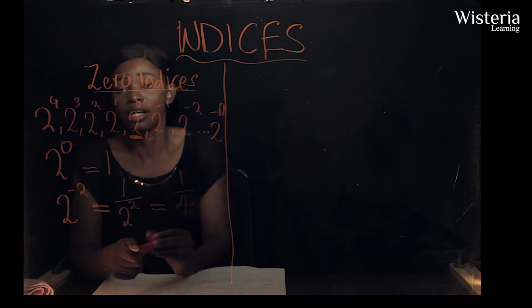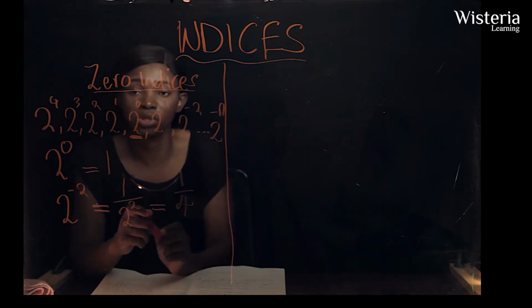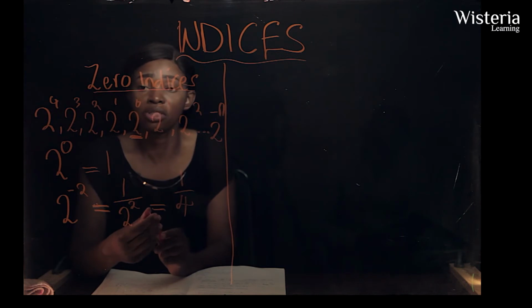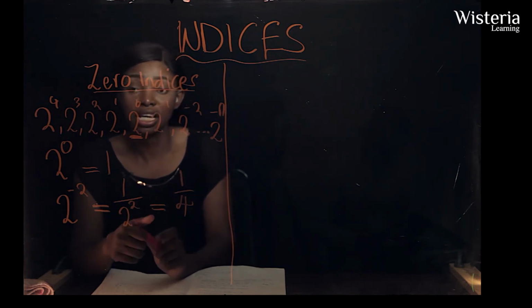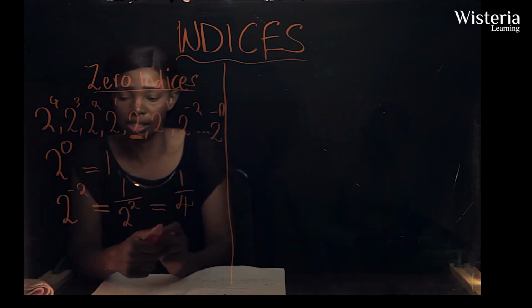So those indices that have been written with a negative power, we can change them to be positive indices. Or if the indices have been written with a positive power, we can also change them to be negative indices to suit what we are finding.